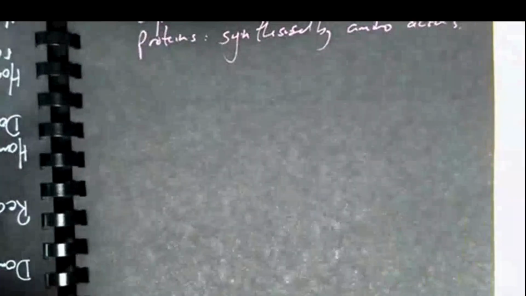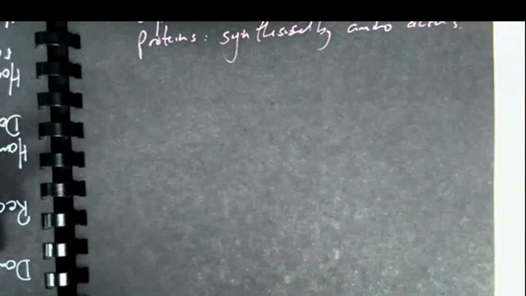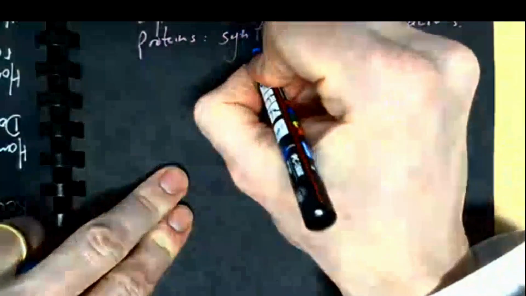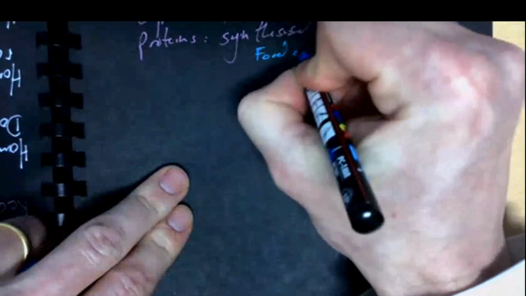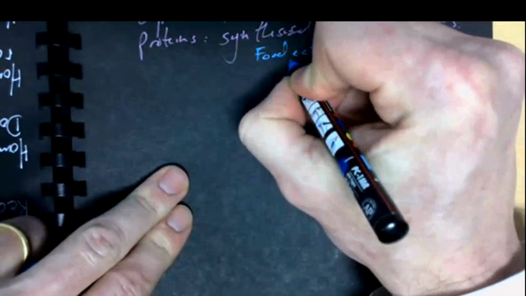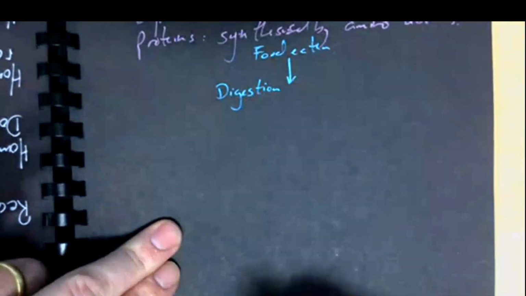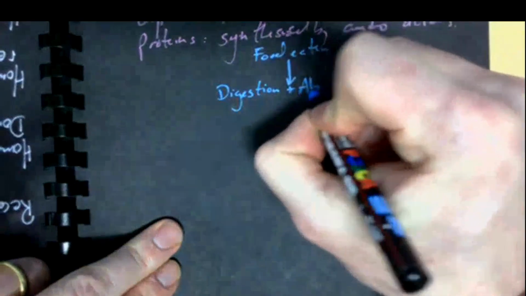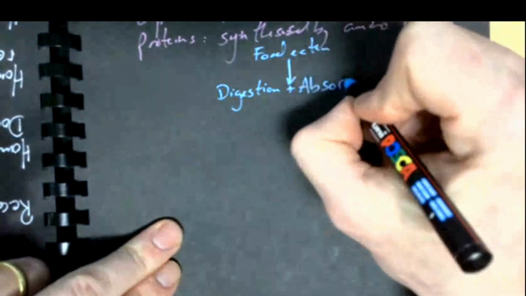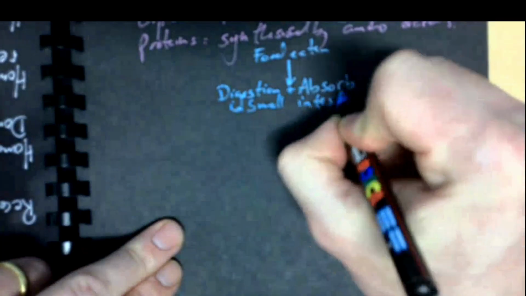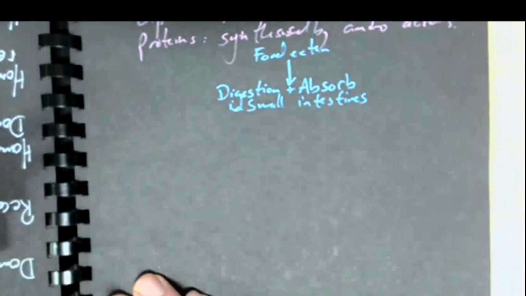So let's have a little go at the following diagram. We're going to eat some food, and you're going to digest it using some enzymes, and we're going to absorb it. And that's happening in the small intestines. We do our 3 groups that we talked about above here then.